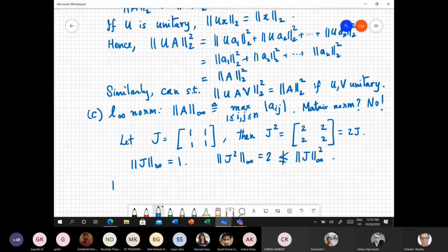However, a slight modification to this norm, now I'm using 3 bars to distinguish it from what I wrote above: if I write it to be n times the infinity norm of A, where n is the dimension of A, an n cross n matrix, this is a matrix norm.